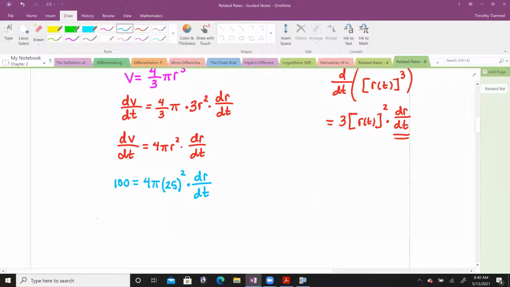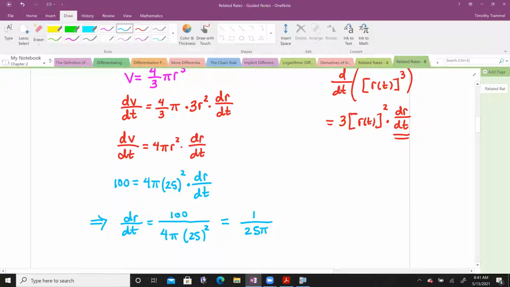If we do that, dr/dt is equal to 100 over 4 pi times 25 squared. This doesn't simplify too much, but we could write this as 1 over 25 pi.